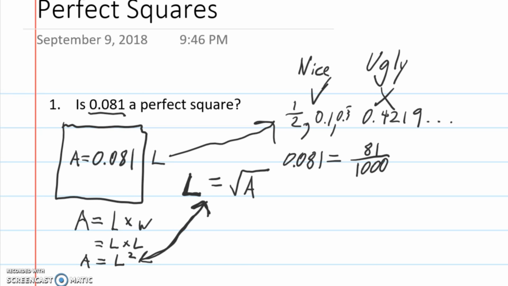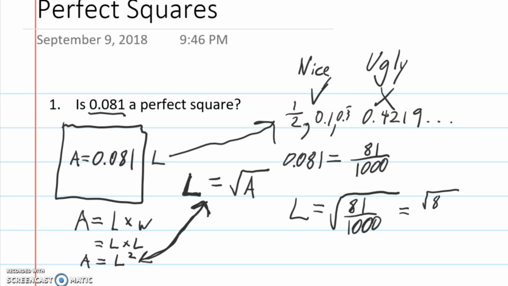So this is tenths, hundredths, thousandths. Okay, so 81 over 1,000. Now, if we take length equals square root 81 over 1,000, it's a little bit easier, but still hard.